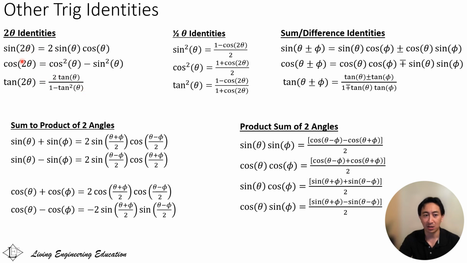I would memorize that 2 theta shows up in the table. I would memorize that if I have a plus or minus of 2 angles within my trig function, I could look up and simplify that. I could look up and simplify if I have 2 trig functions that are added together or multiplied together.